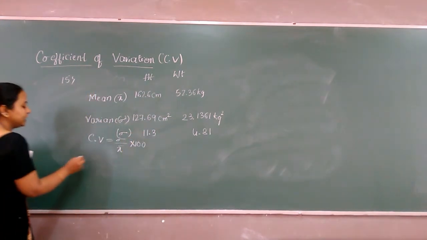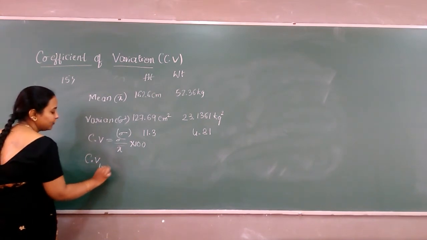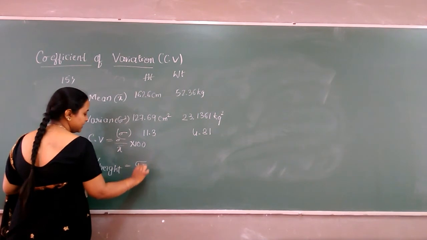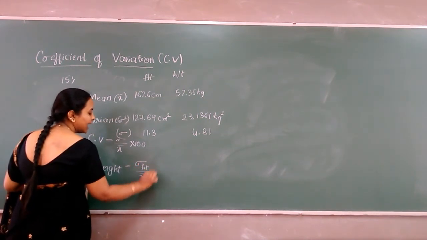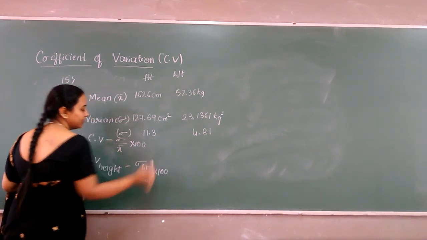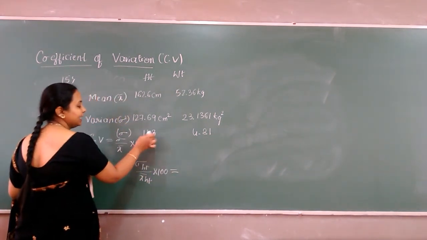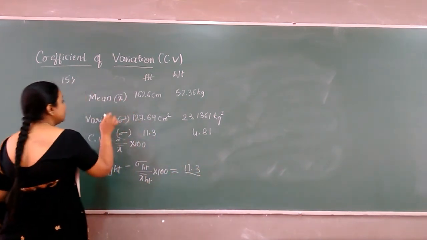Now what will we do? We will calculate the coefficient of variation for height first. It is the standard deviation of height divided by mean of height into 100, which is equal to, what is the standard deviation of height? It is 11.3 divided by, what is the mean of the height?